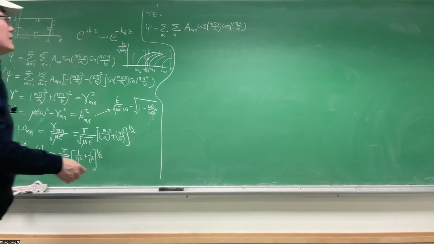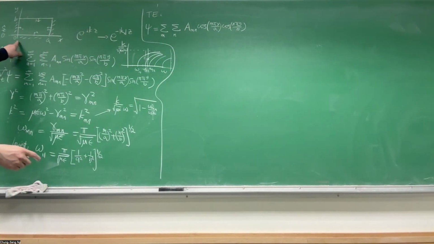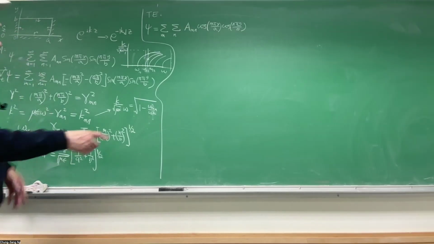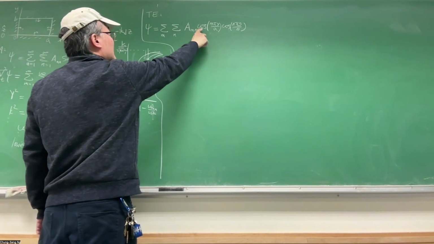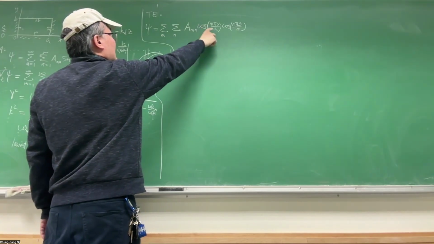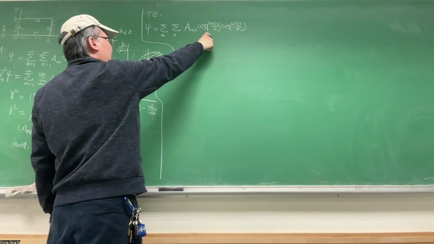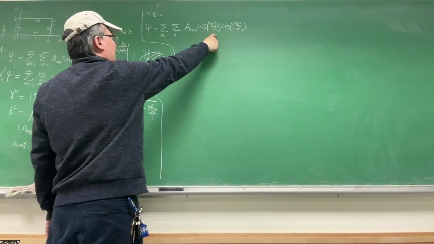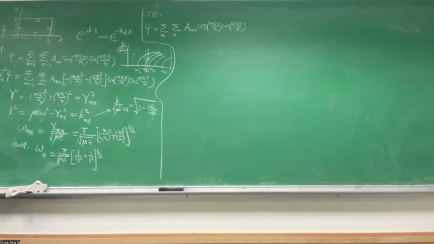Right, and you can now explicitly check all the boundaries. At x equals 0, n is x, so the partial n is partial x. We operate on this one, right? And so we pull out a minus m pi over a, and then times sine of m pi x over a, and then substitute x equals 0, that obviously is 0.